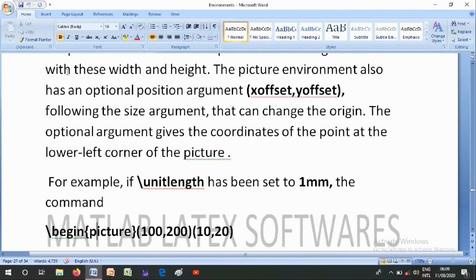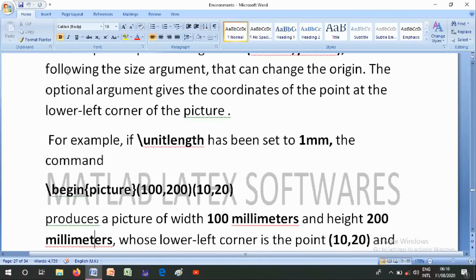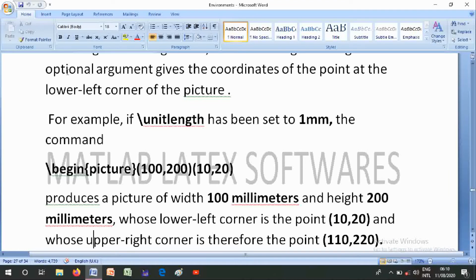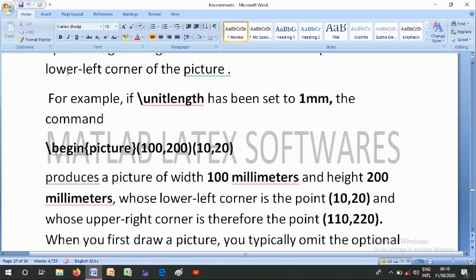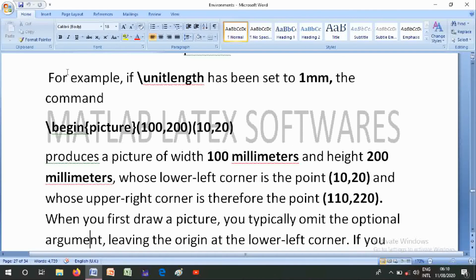For example, if \unitlength has been set to 1 millimeter, then the command \begin{picture}(100,200)(10,20) produces a picture of width 100 millimeters and height 200 millimeters, whose lower left corner is the point (10,20) and whose upper right corner is therefore the point (110,220).